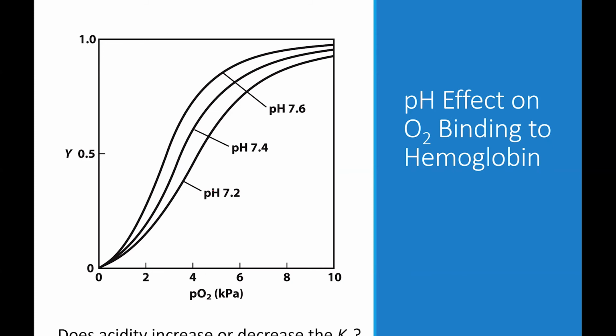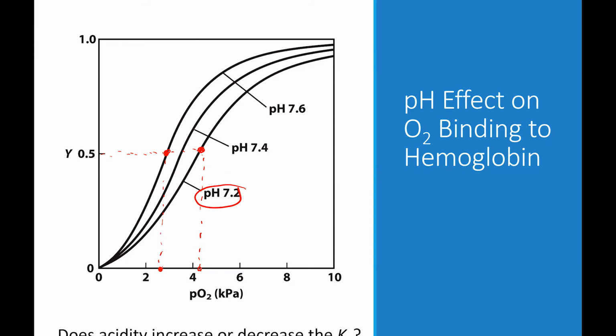You can see here that at a pH of 7.2, our halfway binding is at a pressure of around 4. Whereas at a pH of 7.6, right here, our pressure is at this lower point.